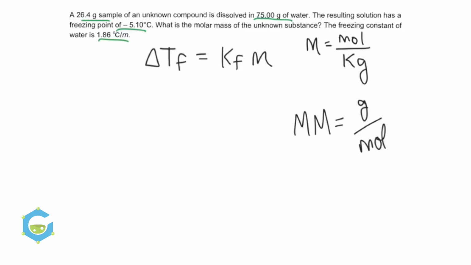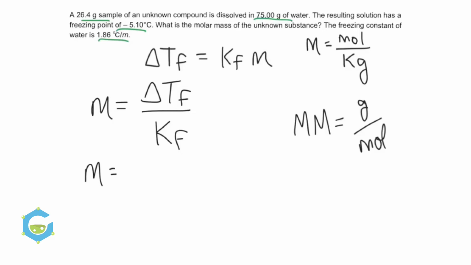So let's go ahead and rearrange this equation. I want to solve for molality, so I'm going to divide both sides by this constant here. I'll end up with molality equal to the change in freezing point divided by the freezing constant for water. Now I can plug in the known values. The change in freezing point here is 5.1 degrees Celsius.